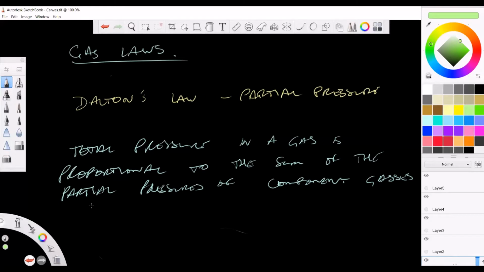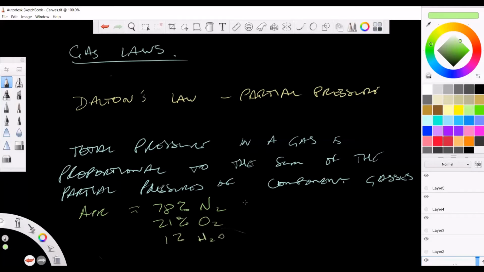But what you'll find is that partial pressure comes from the mass contribution. So let's say air is on average about 78% nitrogen, 21% oxygen, and 1% water vapor.